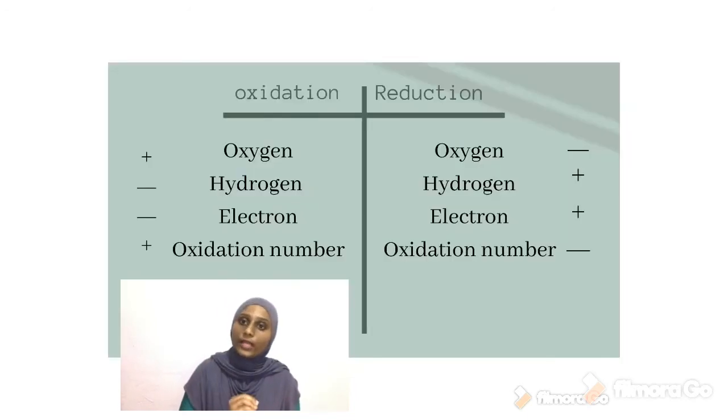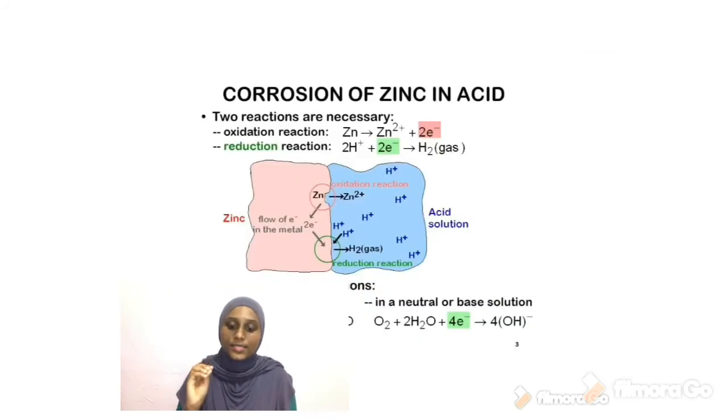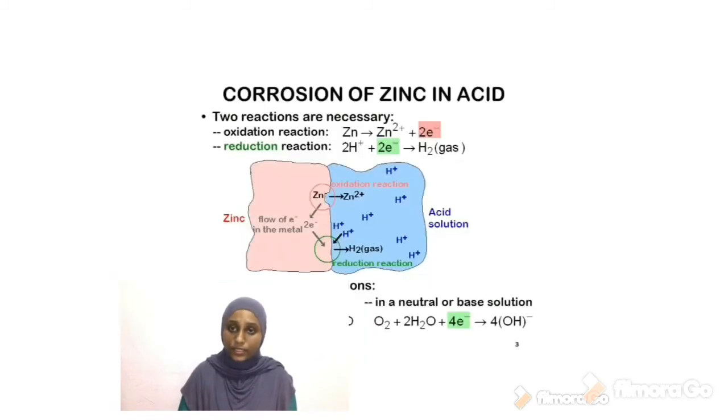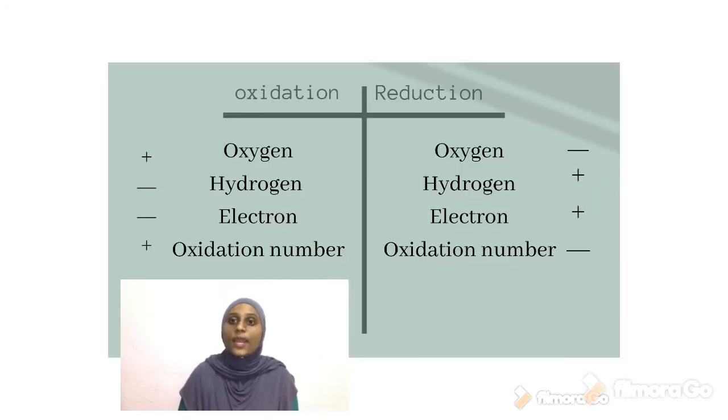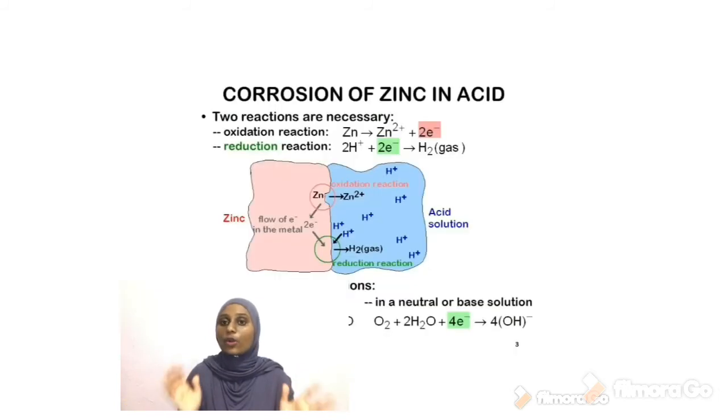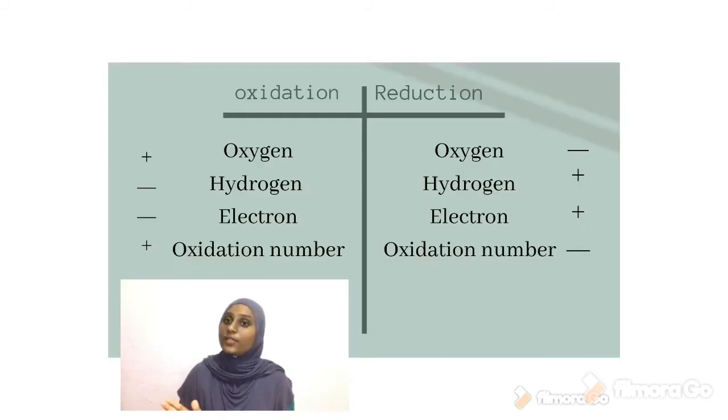In terms of electron number, it decreases for oxidation and it increases for reduction. And for oxidation number, it increases for oxidation and it decreases for reduction. So this is a summary of the meaning of reduction and oxidation.